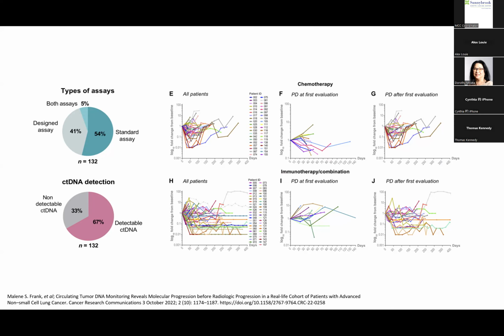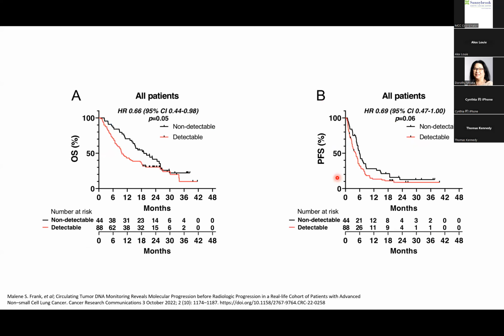You can see there's a little bit of noise and a little bit difficult to identify, but when we break these cohorts out, they can then show that both overall survival is correlated with detectability of ctDNA, with a median overall survival difference of 296 versus 578 days, but they were not able to identify a significant difference in progression-free survival, although there is a trend towards significance.